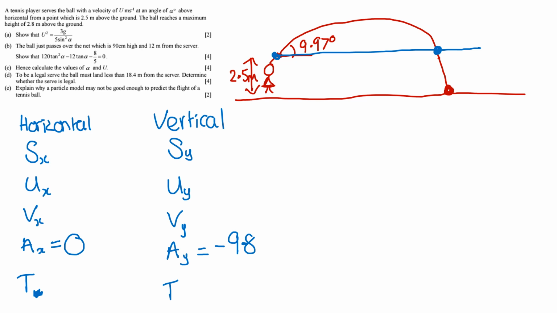We're looking for when it's travelled. We actually want to find, because it's got to drop to the ground, the vertical distance we want it to travel is minus 2.5 meters if it's got to hit the ground. So this wants to be minus 2.5 meters. U, we now know all the numbers for u. That was 14.